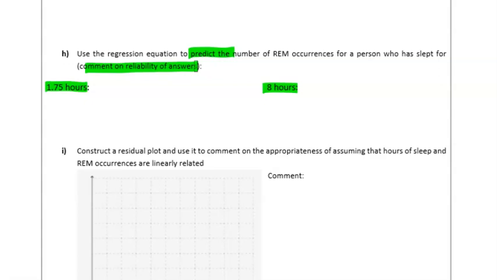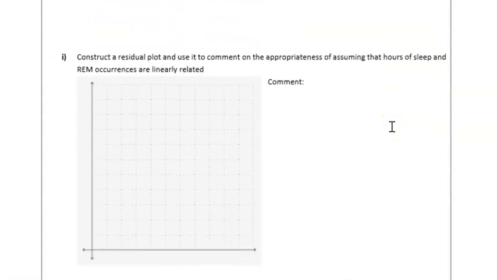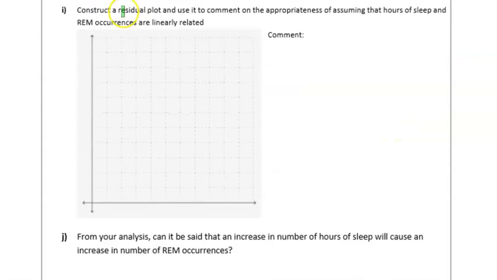Extrapolation, less reliable. Interpolation, more reliable. Part I is then asking us to construct a residual plot. So taking those residual values and comment on the appropriateness. So do we see a pattern? Is it evenly split? So does that mean my original data was linear or non-linear?